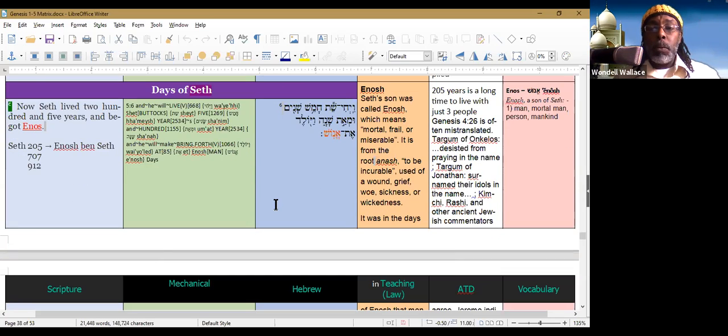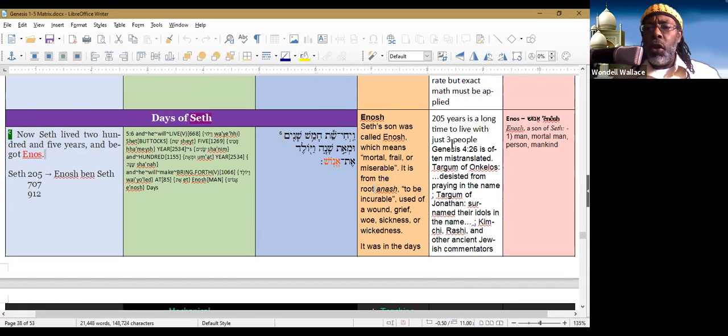Okay. Whoa, I got some more stuff right here. 205 years is a long time to live with just 3 people. I covered that already. Genesis 4:26 is often mistranslated. Targum of Onkelos: desisted from praying in the name.